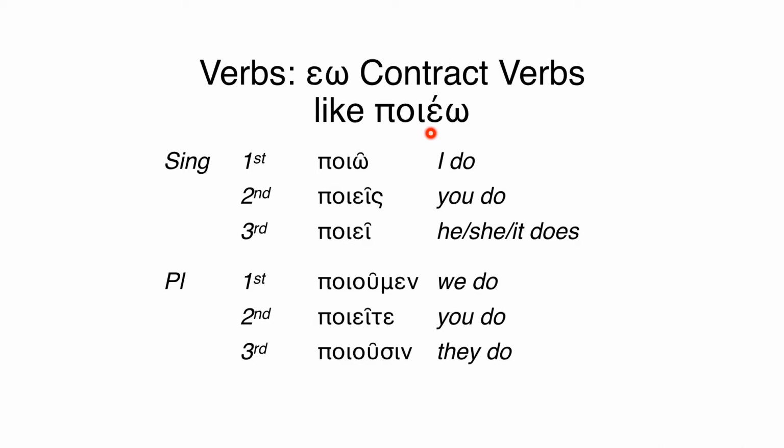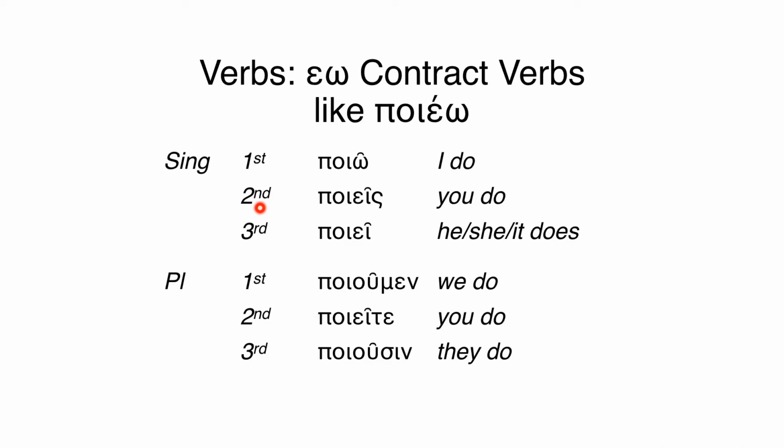The present active indicative first person singular verb of poieo is poio, or pio. Now what happens here is the epsilon is contracting with the normal omega ending, such as we see with luo, but we see this circumflex accent over the top, and that indicates that a contraction has taken place.